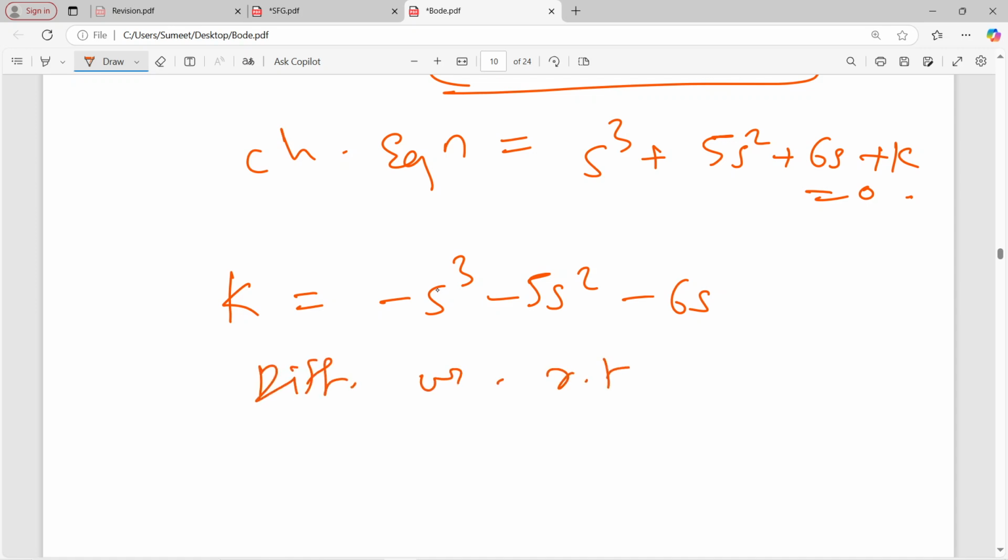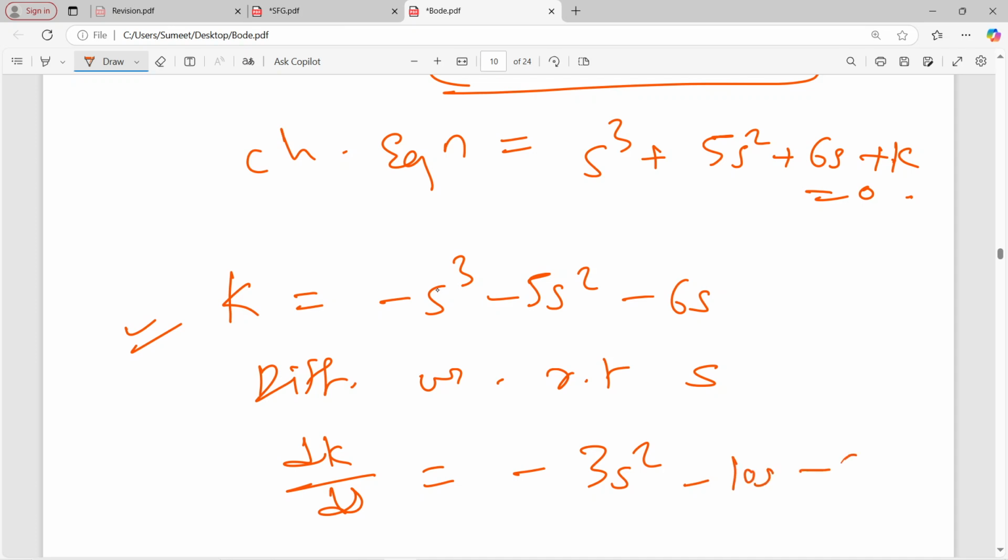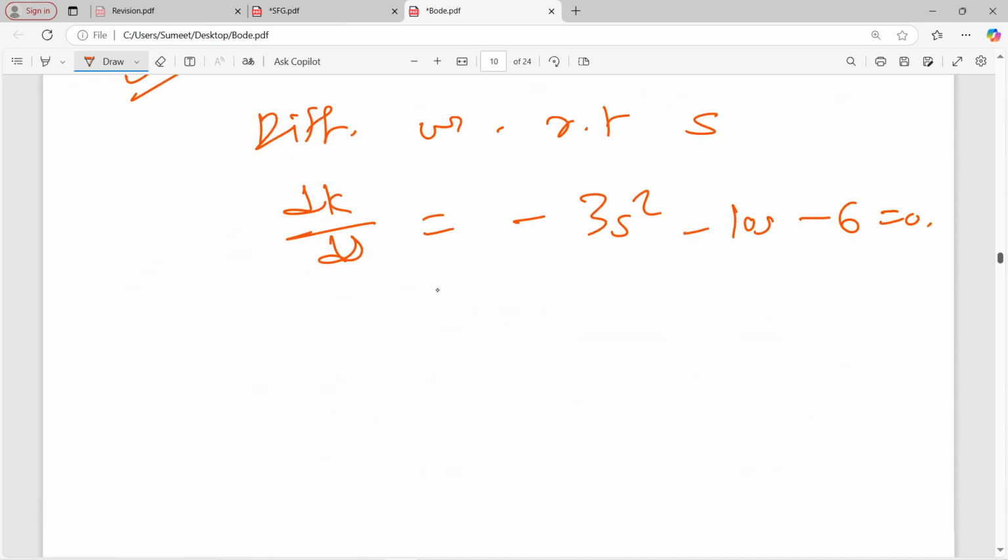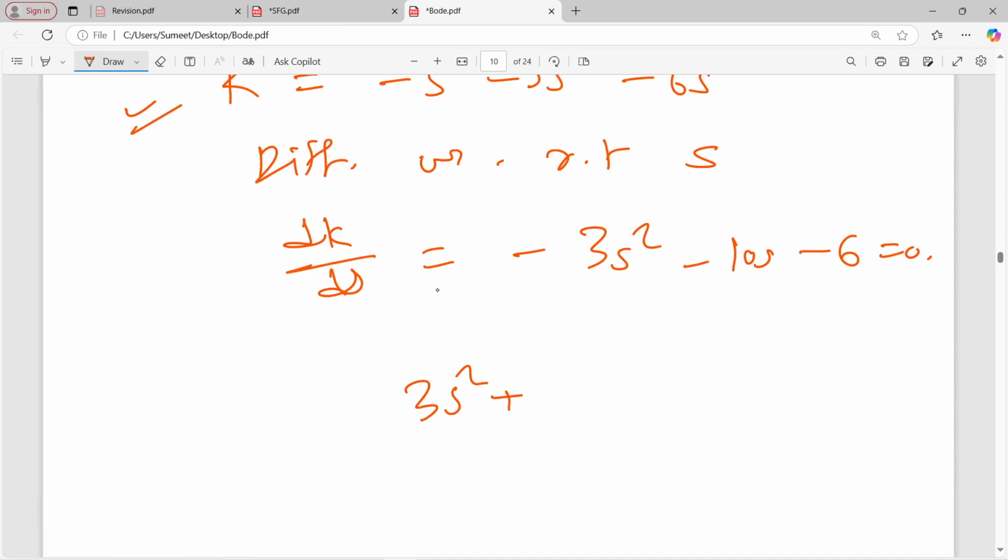So dk by ds equal to minus 3s square minus 10s minus 6 equal to 0. If I equate it with 0, it becomes 3s square plus 10s plus 6 equal to 0.